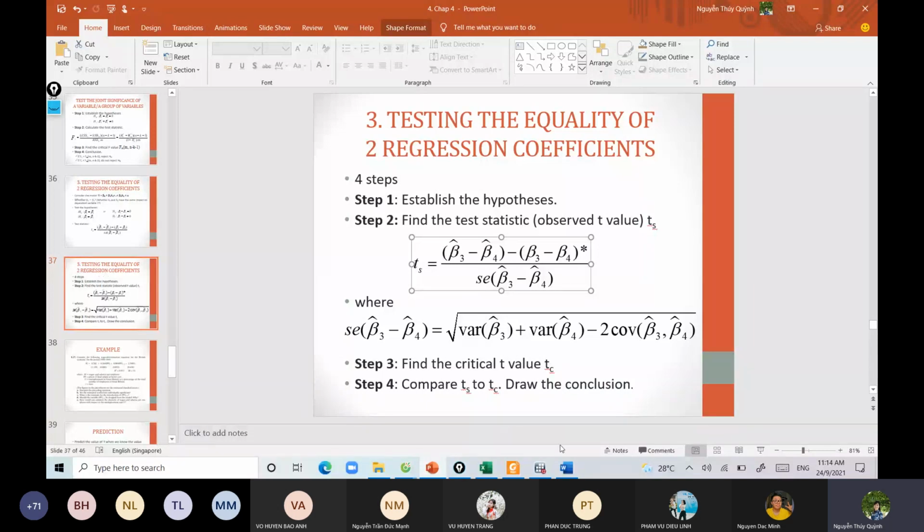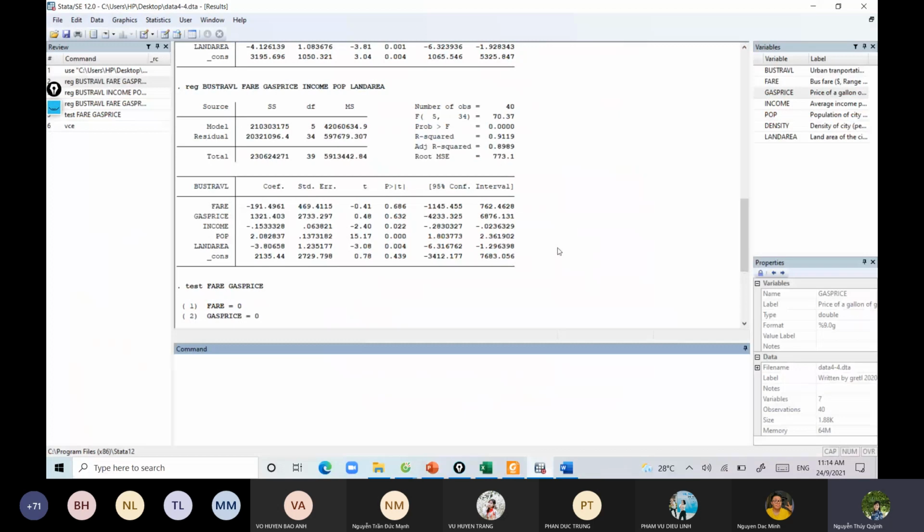Now, for this one, I want to compare the effect of income and land area on bus travel.